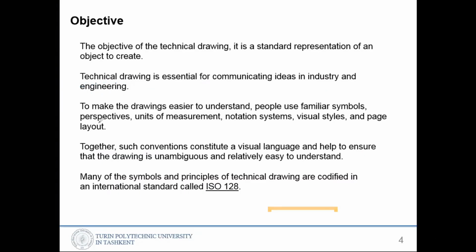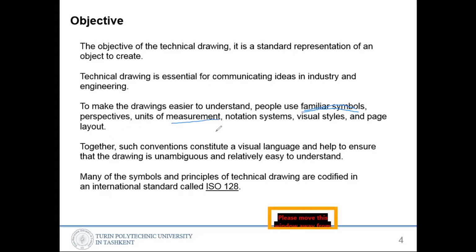And to make the drawings easier to understand, people use familiar symbols. Okay, so we use symbols that everyone can understand and use. Perspectives, units of measurement.